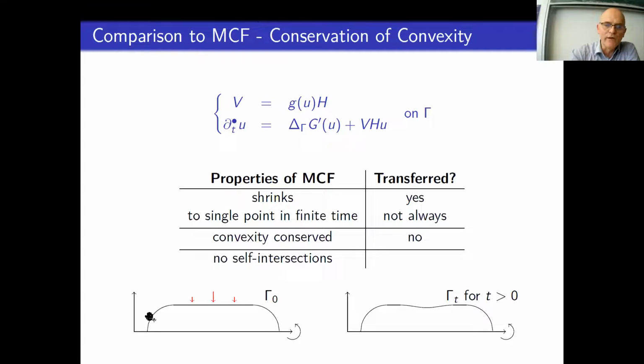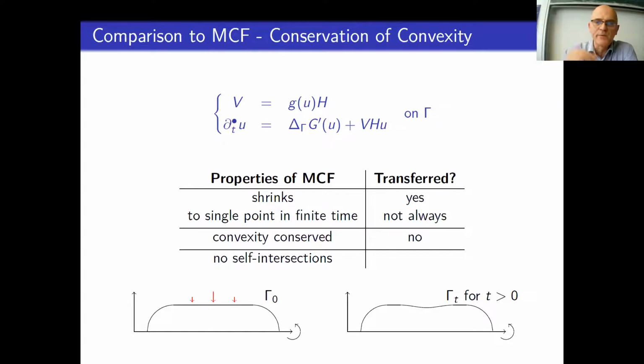Think of this profile and you rotate it around the x-axis, so you get, let's say, a surface sigma. Now if the concentration of u is large here at the initial time, you can make the surface non-convex. But for this you need this extra dimension. For curves it would stay convex.